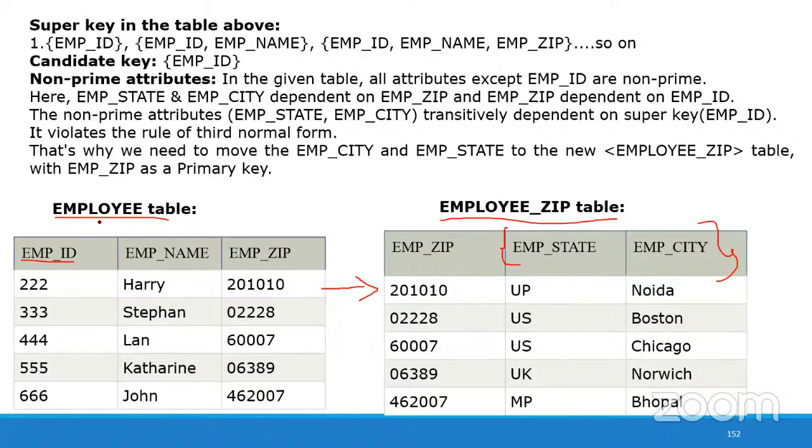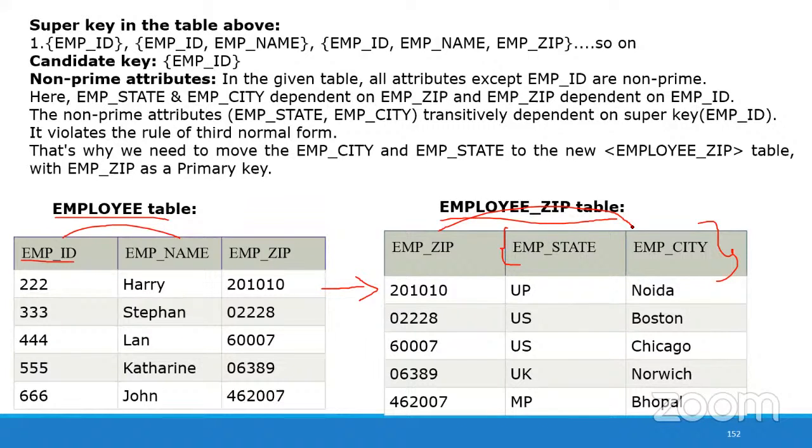So here we can define the dependency between employee id and employee name, and we can define the dependency between employee state and employee city. Okay, so this is the process for converting a second normal form table into third normal form.